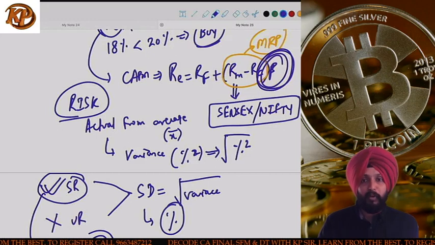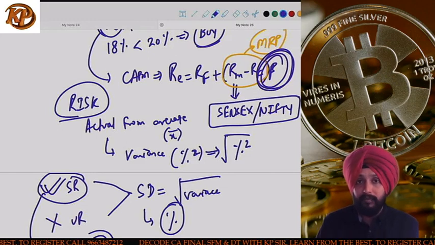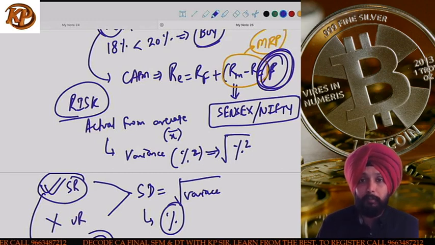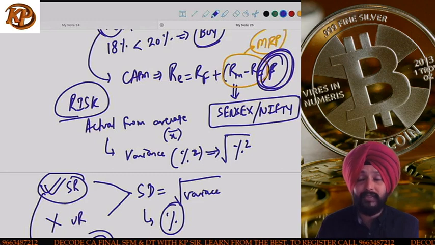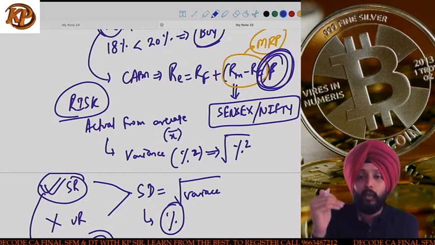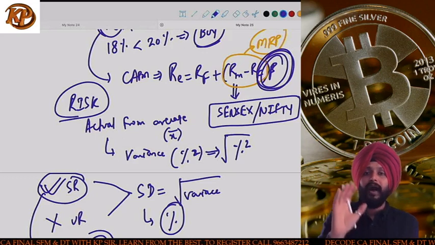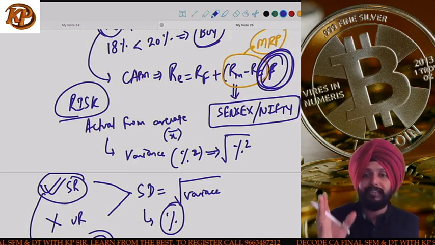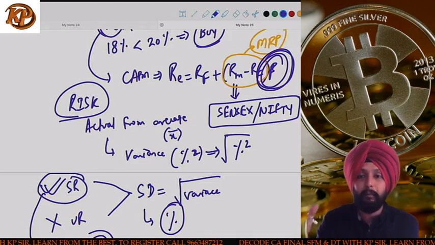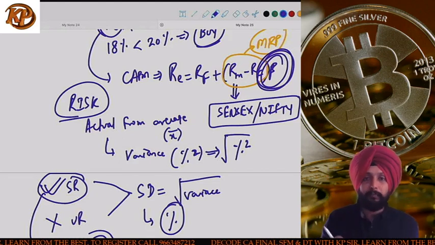RF is the return from government securities, RM is the return from the market. RM, if not given, can be calculated as the change in value of Sensex or Nifty. Beta represents systematic risk. Unsystematic risk in CAPM is of no relevance, because it can be eliminated by holding a well diversified portfolio. RM minus RF can also be referred to as market risk premium. If market risk premium is given, you directly put that value and do not write it as RM minus RF. I hope this part is clear, guys.